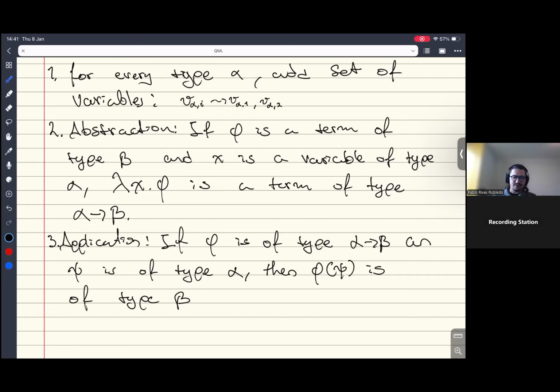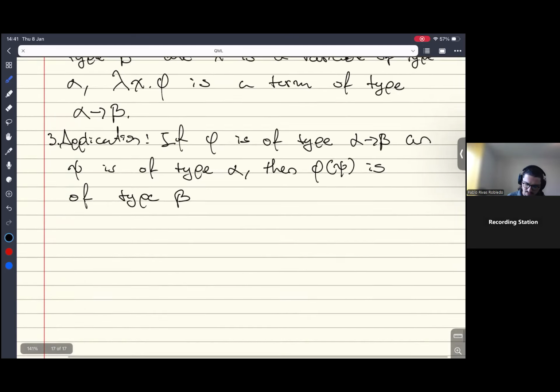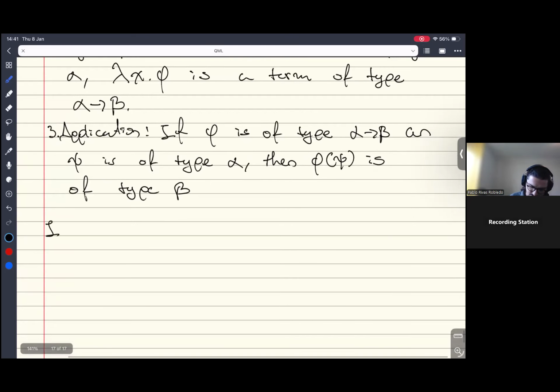There is another thing that I wanted to show you with this, and it is the fact that now you can define predicates in a very interesting way, and you can define it for all the types in the language. And for that, I'm going to introduce the idea of identity as a definition.